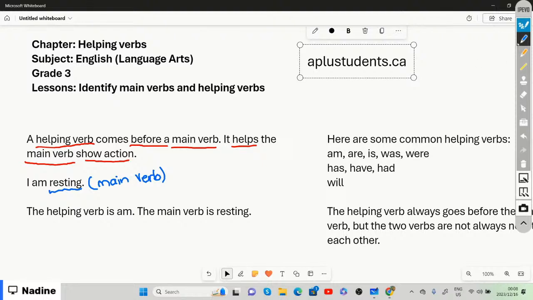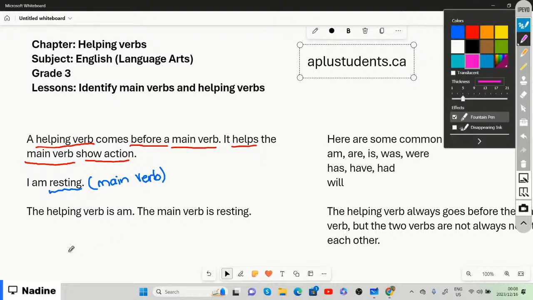And then our helping verb is am. So am is our helping verb, and the main verb is resting.